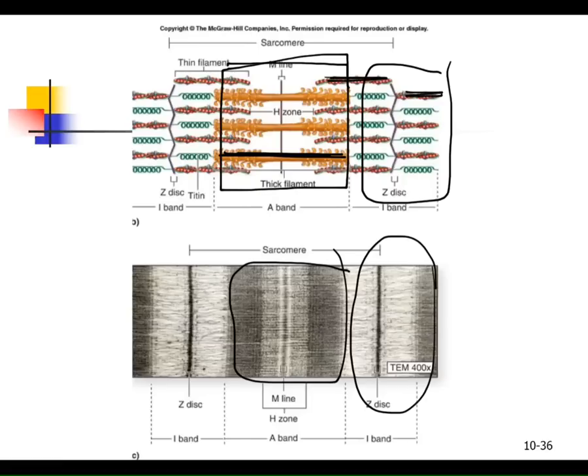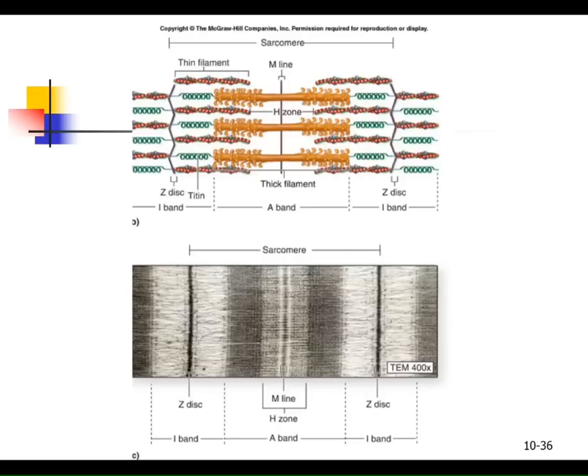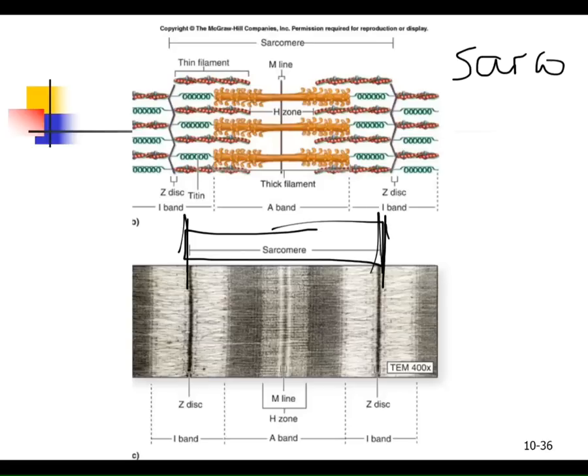On this, just to get our bearings, this whole little section is called a sarcomere. Now it says that it goes from here to here, and that's a sarcomere. What does sarco mean again? Muscle. What about mere?